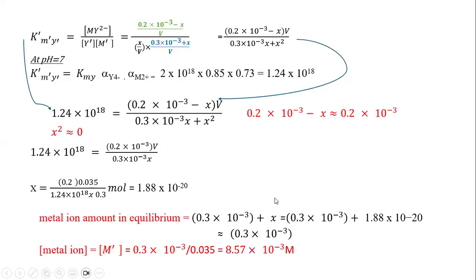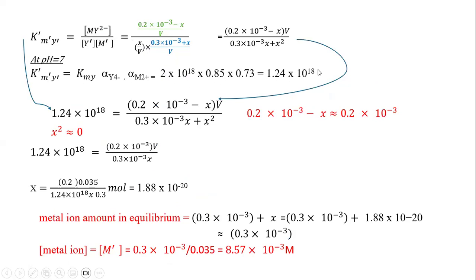Now you have that. This is again, I have to change this. Then you substitute, and here you have this. Then the calculation of K dash M dash Y dash.